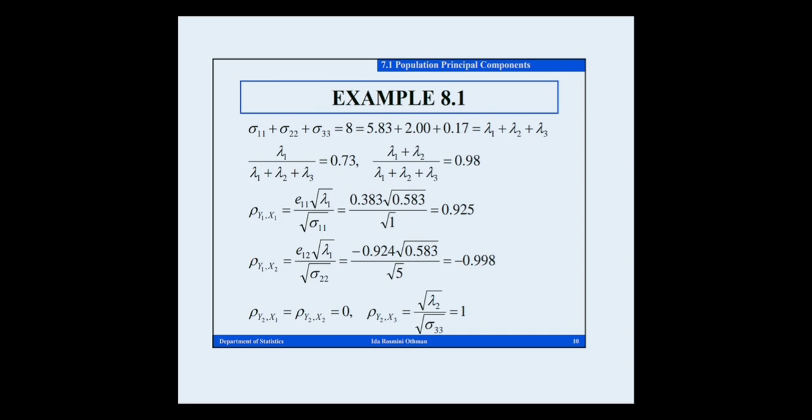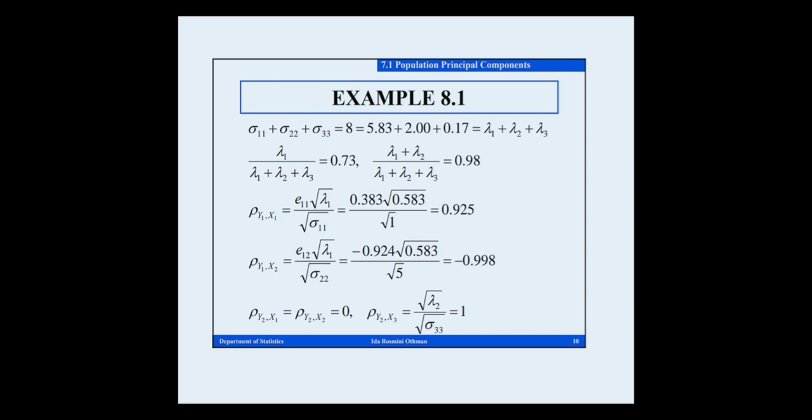Sebab bila kita cari the proportion of the total population variance tadi, you akan dapat 0.98, which is besar lah kan, 80 to 90%. So kita katakan the principal components y1 and y2 can replace the original three variables.